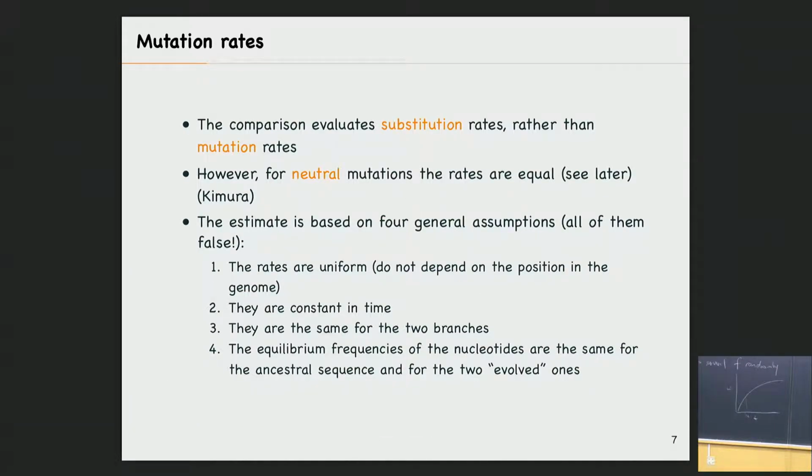Now, there is a second caveat which is even worse. The comparison between two different life forms evaluates the substitution rates. That is, you take a life form and you look at the gene sequence. This gene sequence is by and large the same for all individuals of that species, of that life form.